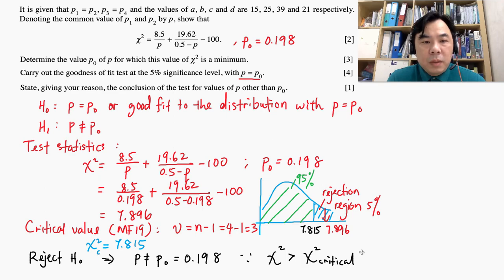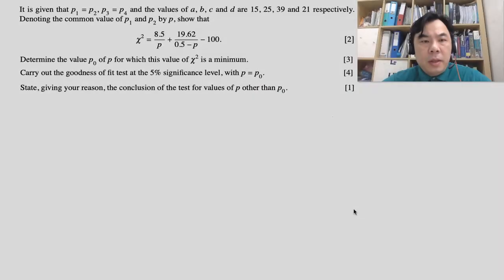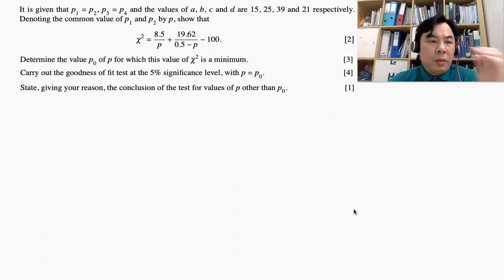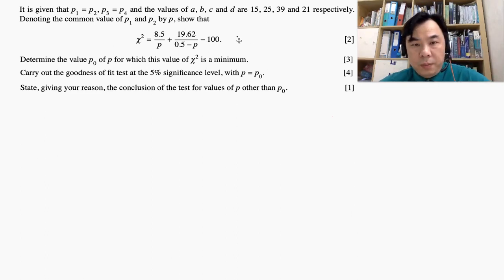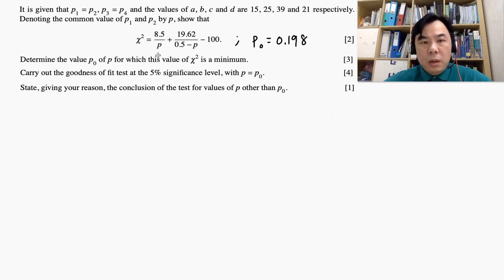Now for the last section. State and give your reason for the conclusion of the test for the value of p other than the p naught that we have already obtained previously. So here I'd like to write down again the p naught is 0.198. Now I'm going to rewrite my chi-square value again based on this p naught.